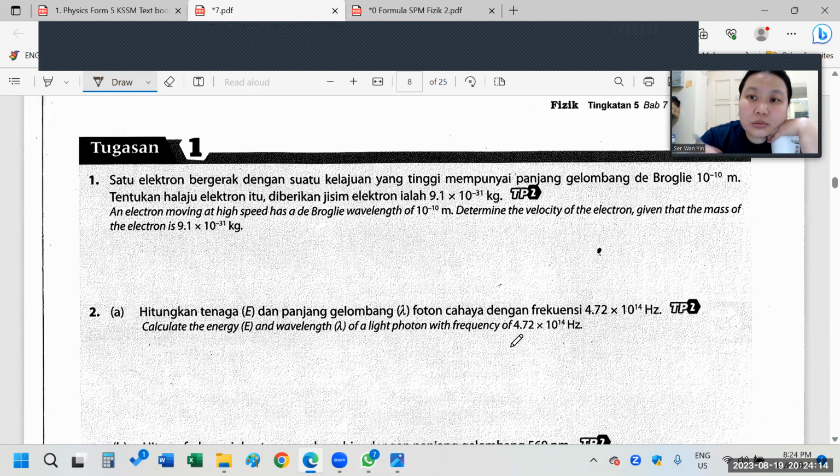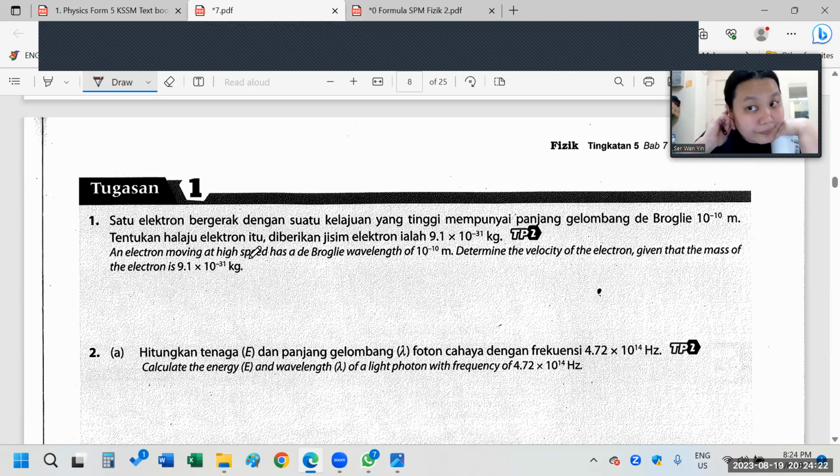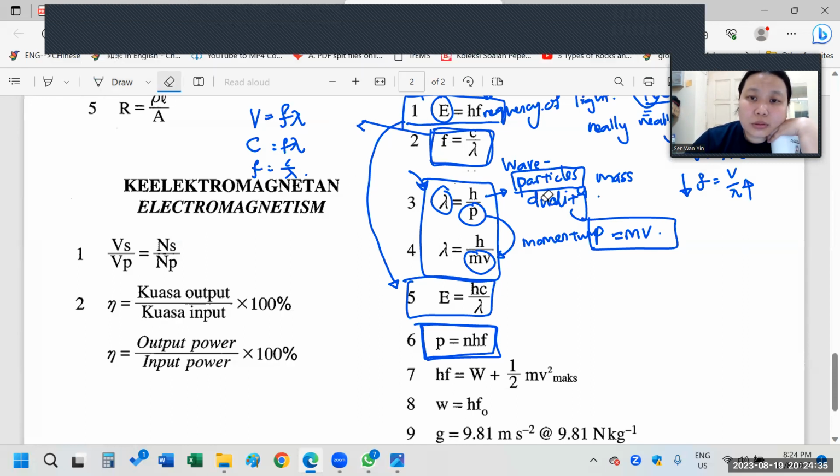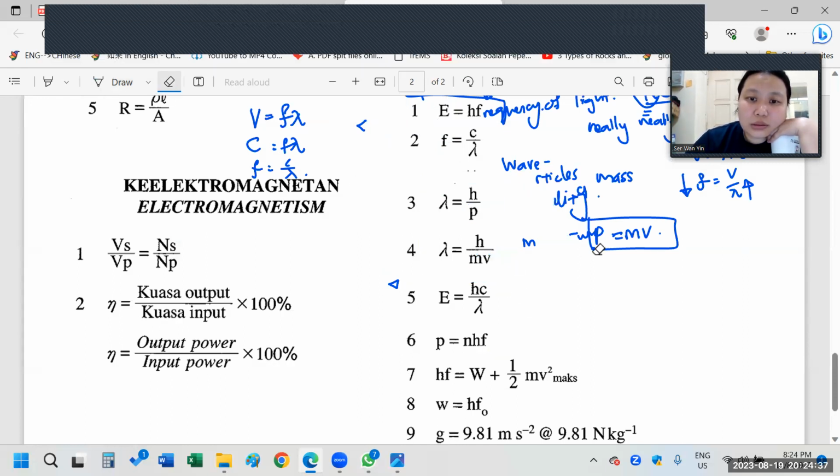Okay, so now it's the time we test our application of the formula. So I erase all of this.